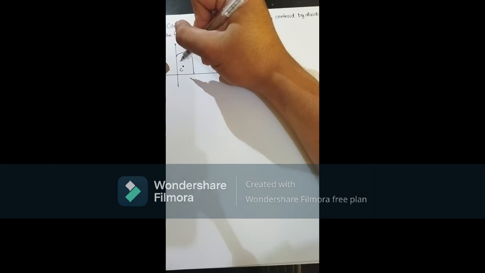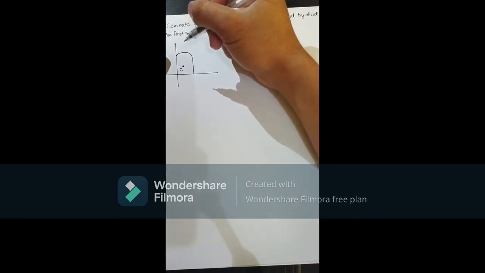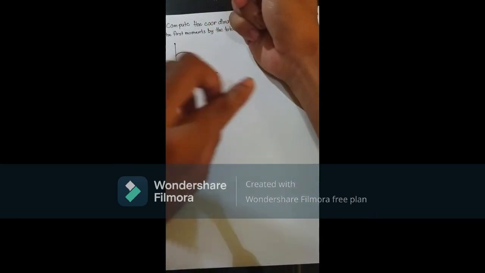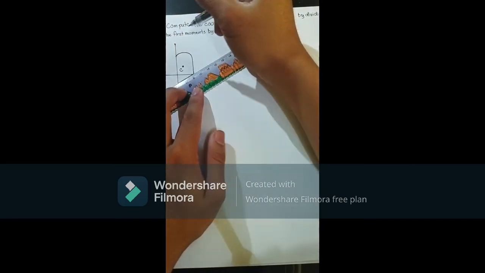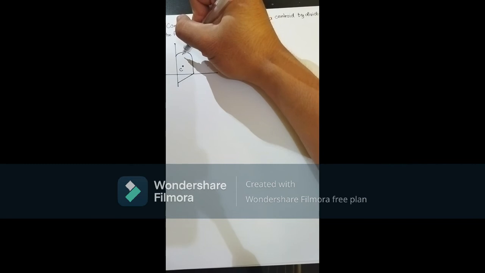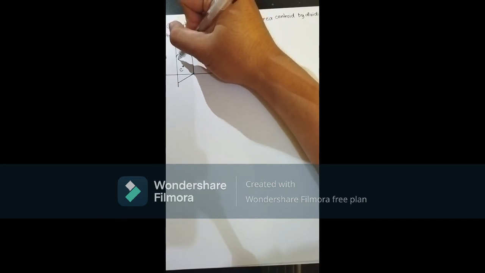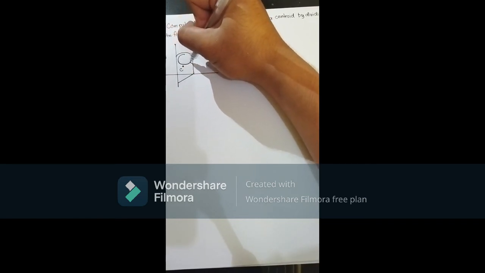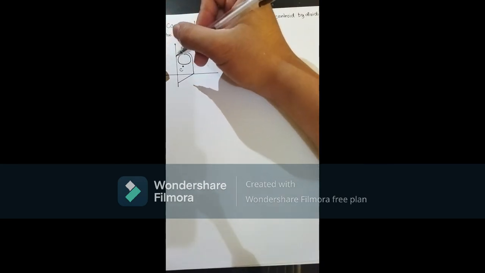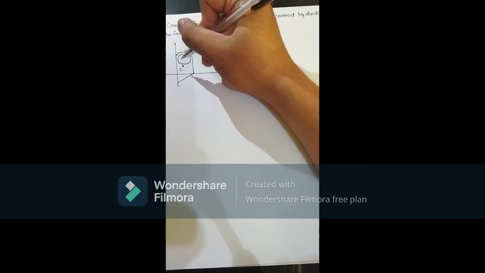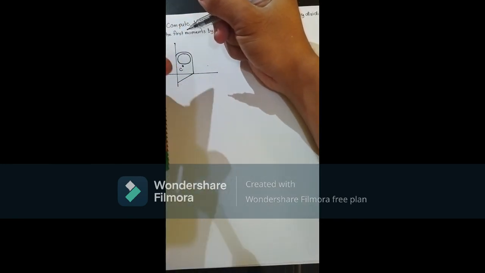This is the center, and I'm going to connect this one. So there is a point.